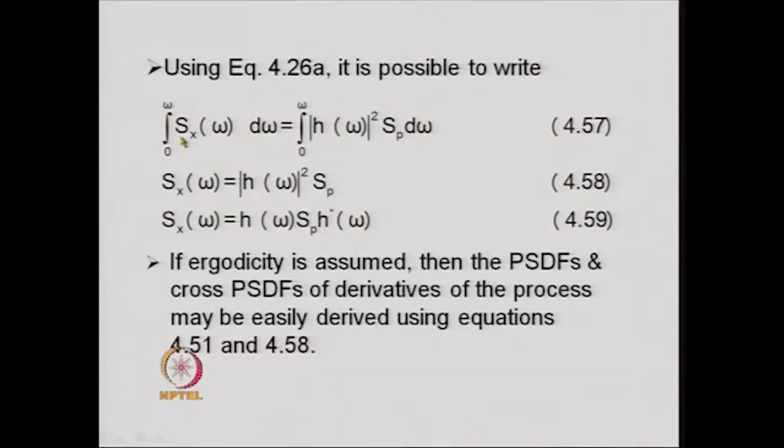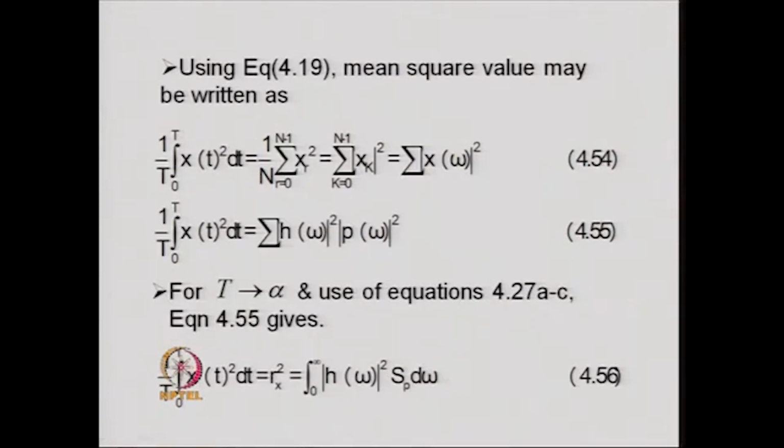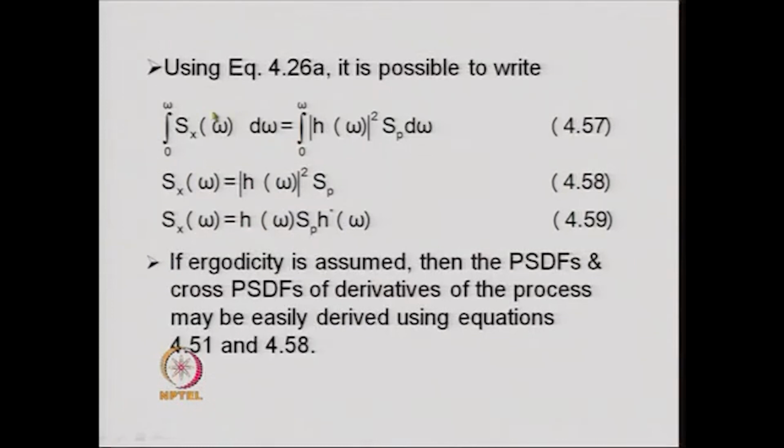So, if we integrate 0 to omega Sx(omega) d omega, then we get the mean square value of the response, that is 1 by T x(t) square dt, replaced by this equation. Then that becomes equal to the right hand side, which we have shown before in the previous case, in this particular equation. In this we have replaced this integration by this integration Sx(omega) d omega.